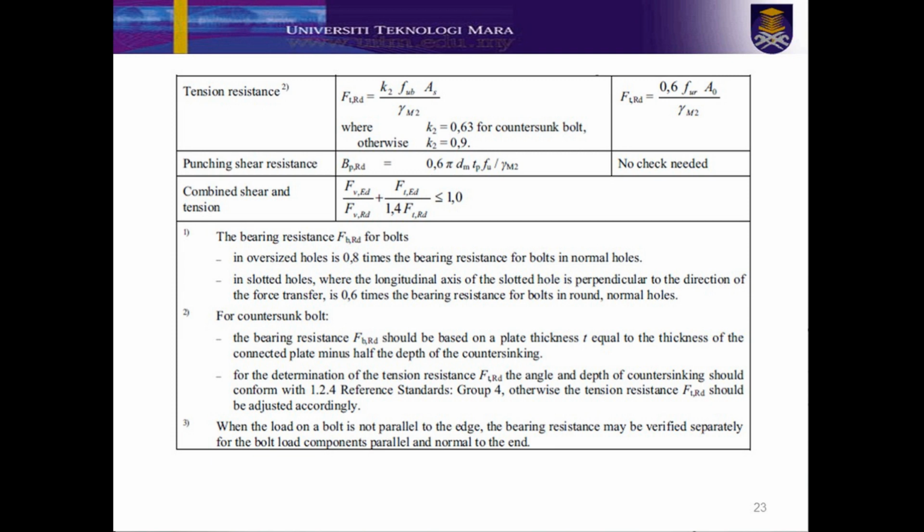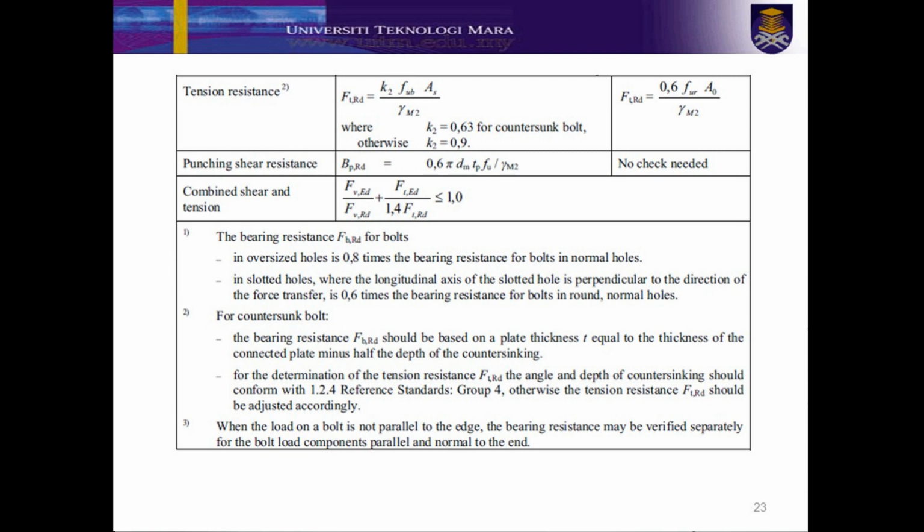If you look here in this table, combined shear and tension is given by the equation whereby FVED over FVRD plus FTED over 1.4 FTRD must be less than 1. The total resistance must be less than 1.